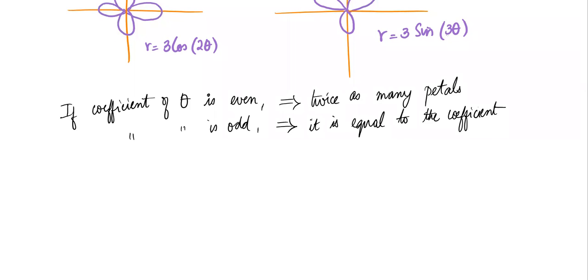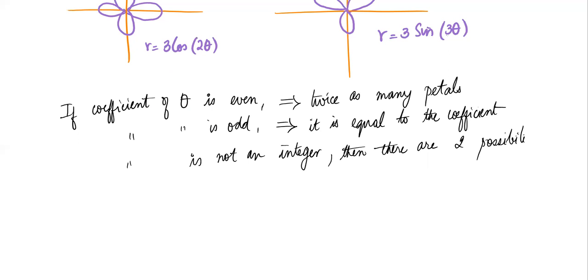And then if the coefficient of theta is not an integer, then there are 2 possibilities. So then we have irrational, right?